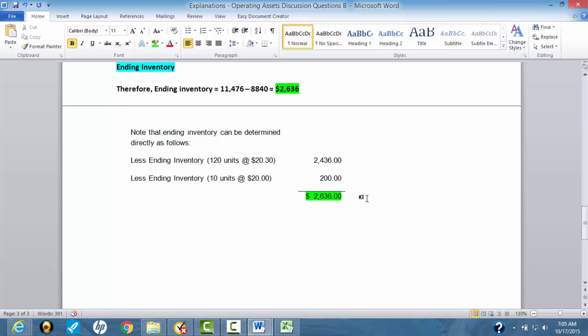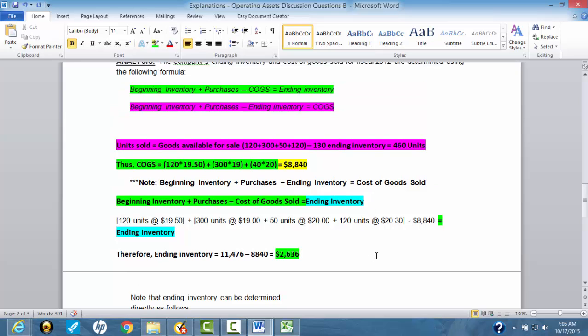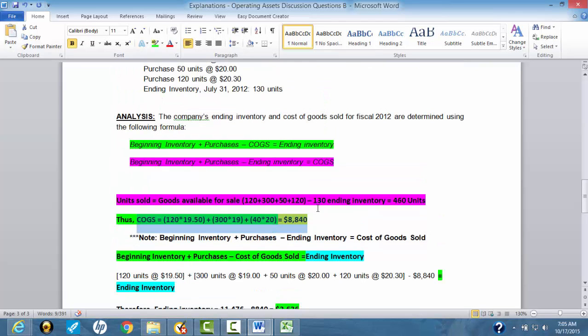Now we can determine ending inventory by working the problem differently, using cost of goods sold and subtracting cost of goods sold from here. So let's come up with that. And to do that, let's look at the calculation for cost of goods sold.